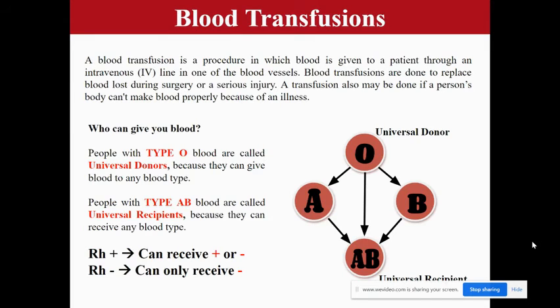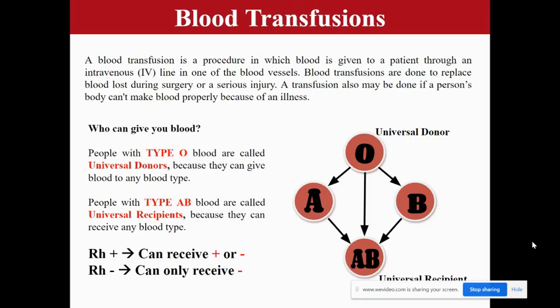But the unfortunate thing is if you're AB, you can only give to AB. And if you're O, you can only receive O blood. So it's really hard to get blood if you're type O, and you have a little bit more options if you're type A or B.